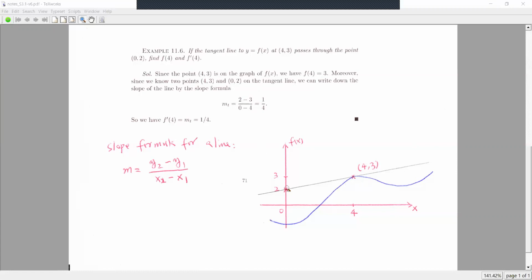I consider this point as y2. x2 is 0. x1 is 4. Then the slope of the tangent line is 1/4. So this line, the slope is 1/4. So therefore, the derivative f'(4) is equal to 1/4.